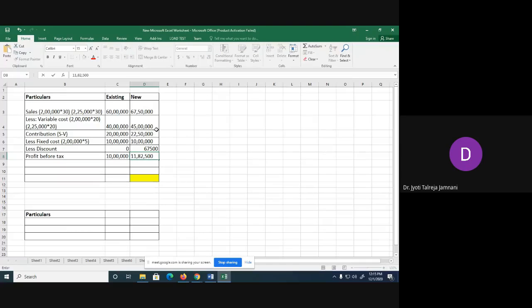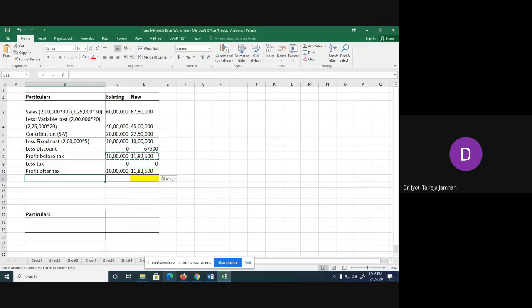From 22 lakh 50,000, we minus 10 lakh 67,500. So we get 11 lakh 82,500. From this, we do less tax, which is 0 and 0. So profit after tax, same 10 lakh and 11 lakh 82,500.